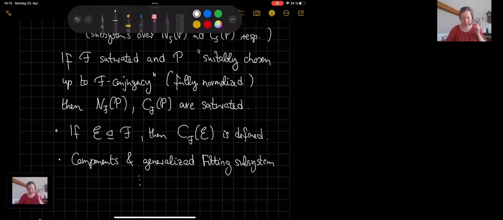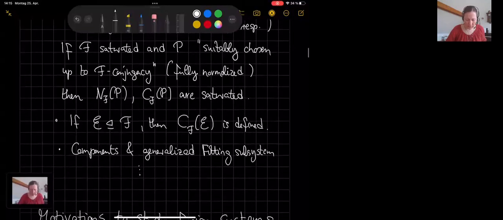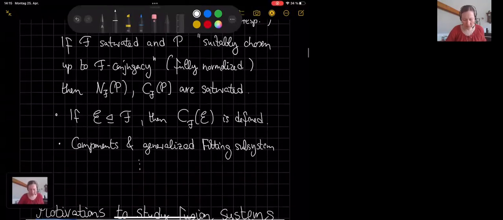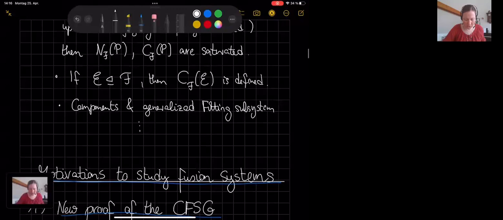Basically one can do many things as one is used to in groups, but things are always getting a little bit more technical and a bit more difficult to construct. And also some concepts are not defined. What's not defined, for example, is the centralizer of an arbitrary subsystem. Centralizers are only defined in special cases.